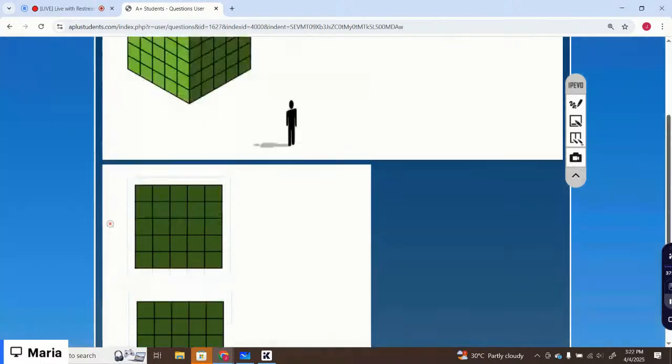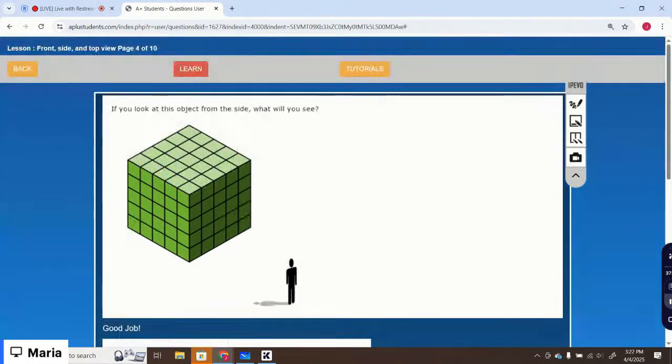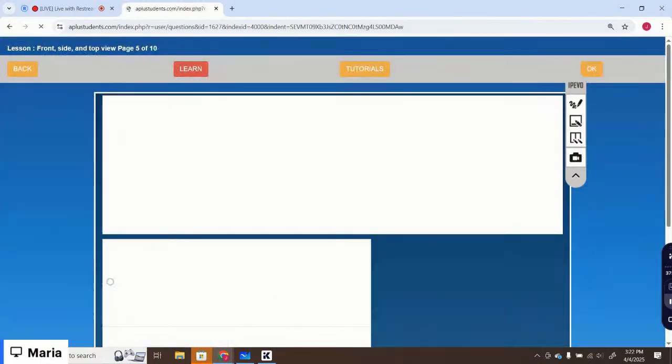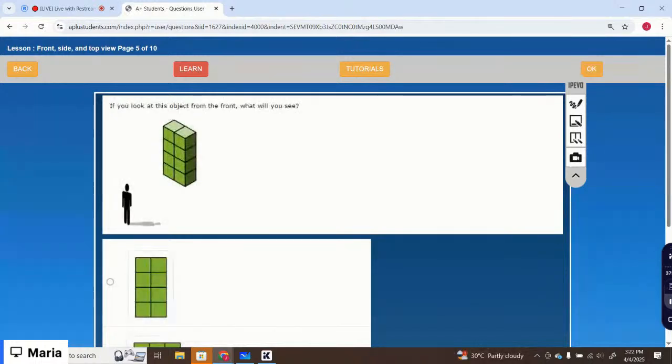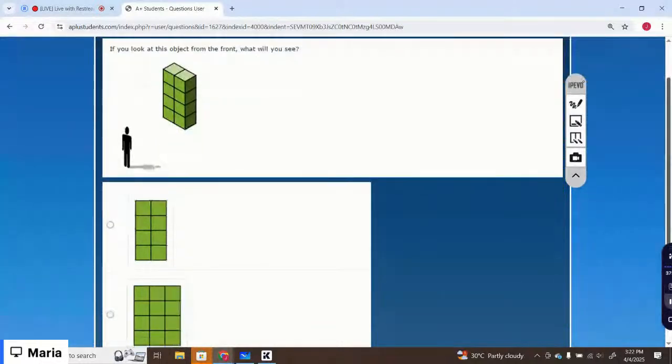If you look at this object from the front, what will you see?